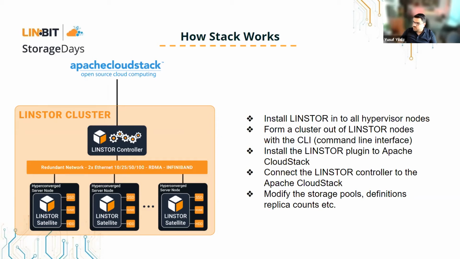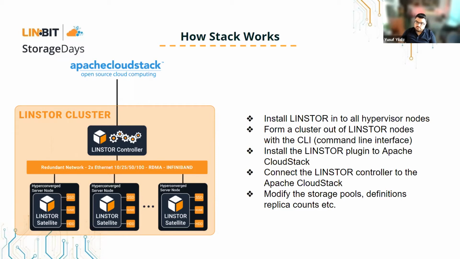When you install LINSTOR on all hypervisor nodes in your cluster, you can form a cluster out of the LINSTOR nodes with the LINSTOR CLI. Then you can install the LINSTOR plugin into Apache CloudStack following the documentation, obviously, and connect the LINSTOR controller to Apache CloudStack. Then you can modify the storage pool definitions, replica counts, etc. on both sides.